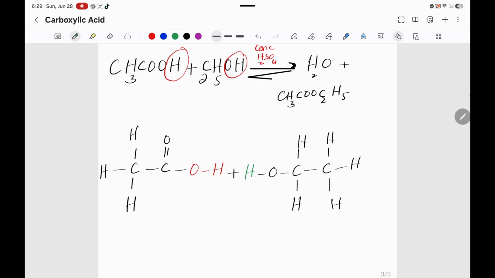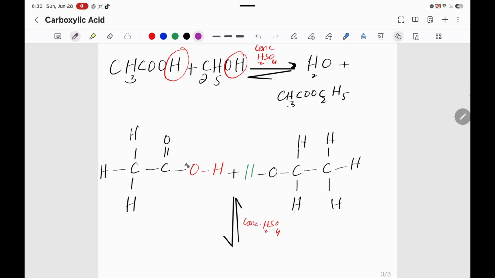There would be a reversible arrow. Concentrated sulfuric acid is our catalyst. So what will happen?